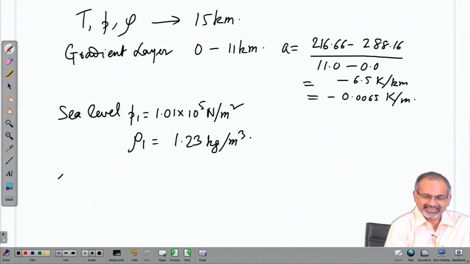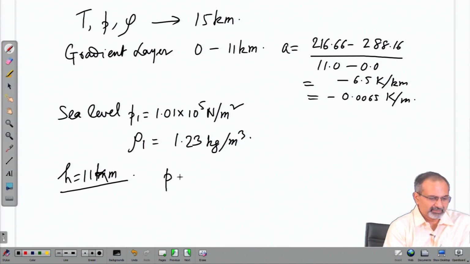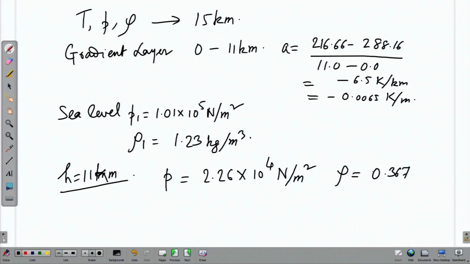So, at h equal to 11 kilometers, once you apply the equations for the gradient layer, you will find that the pressure works out to be 2.26 into 10 raised to the power 4 Newton per meter square. Density will work out to be 0.367 kg per meter cube.